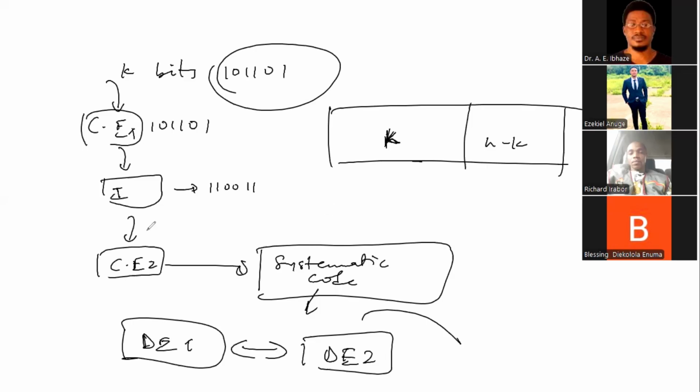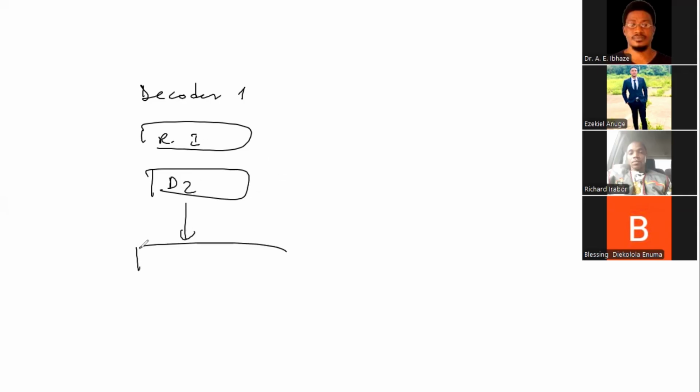Technically, for decoding, we have decoder 1, from which the interleaved output is rearranged. After rearranging the interleaved output, we come back to decoder 2, and this process is repeated until we arrive at the output. Okay, so we have algorithms running this, and you could also play with such codes.